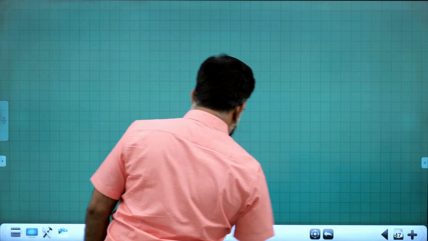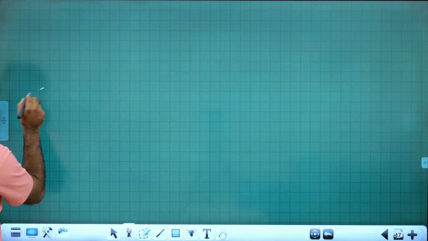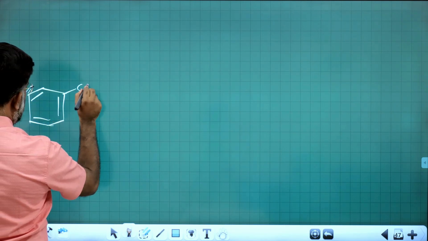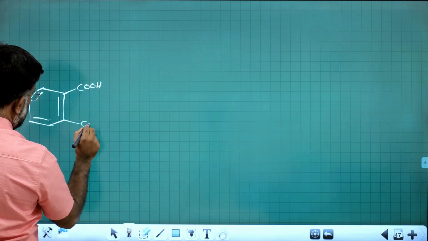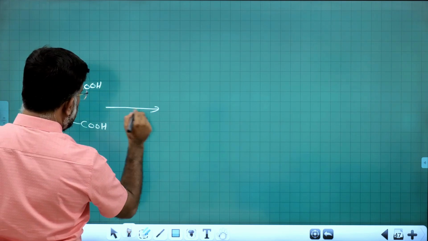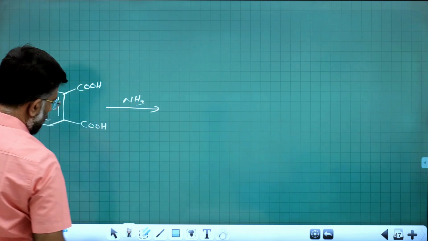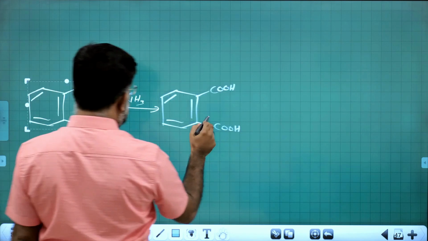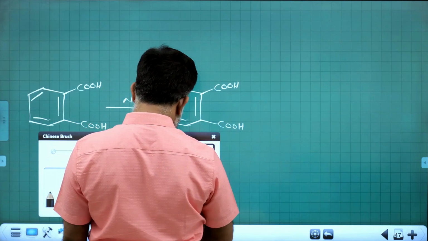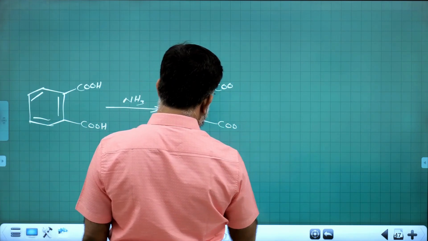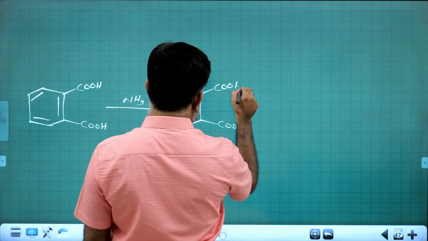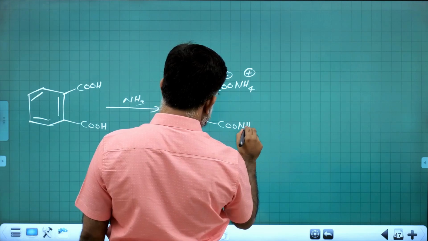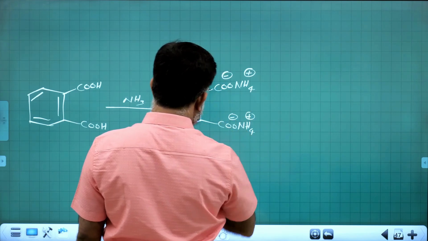Another important reaction with ammonia: imagine we are taking phthalic acid. This is phthalic acid. Imagine it is treated with excess ammonia. The result will be ammonium phthalate, as a result of neutralization.